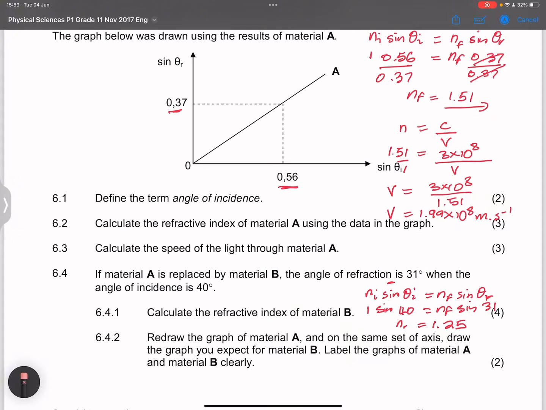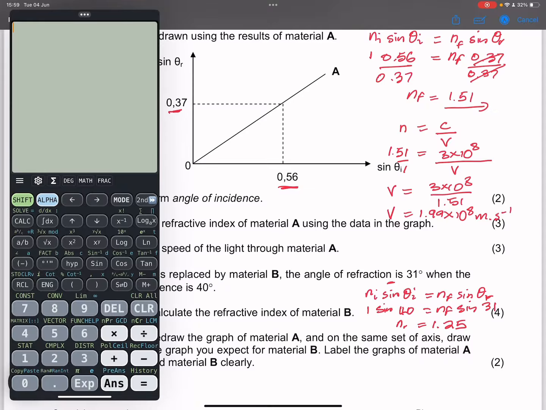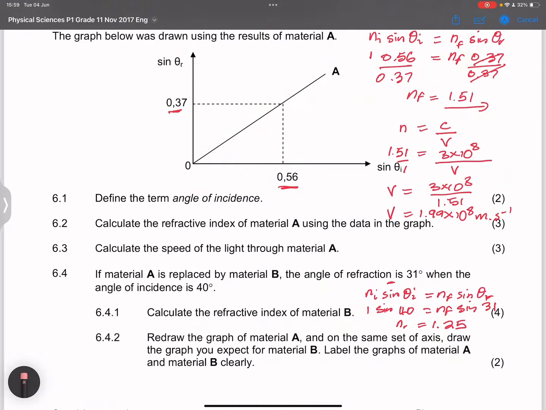You can actually even check it out and say, well, I know that my angle of refraction in this case is 31. Now let's check, what is sine 31? Sine 31 gives me 0.51.